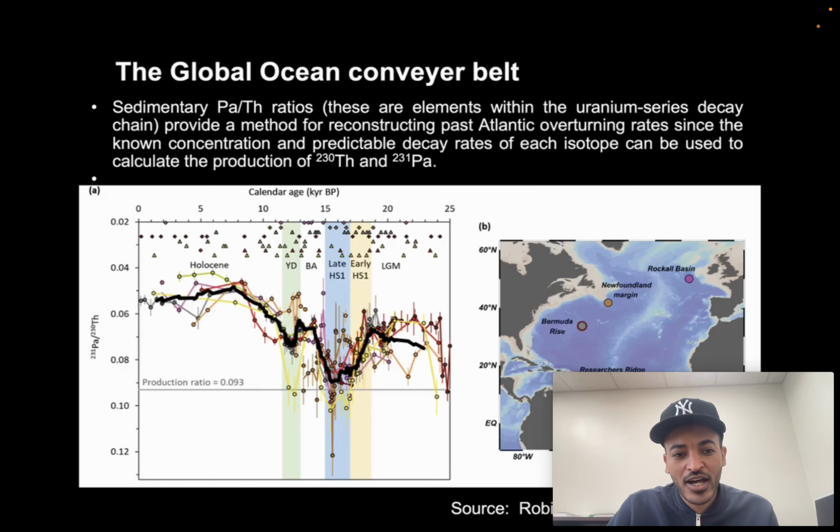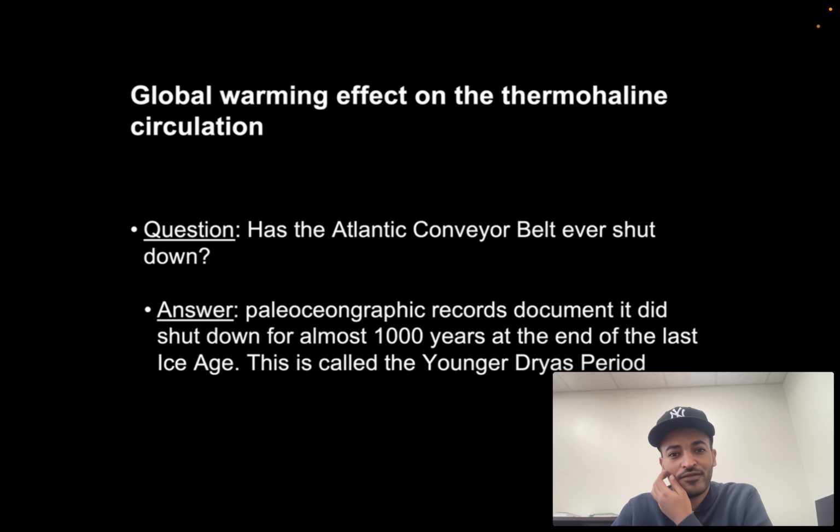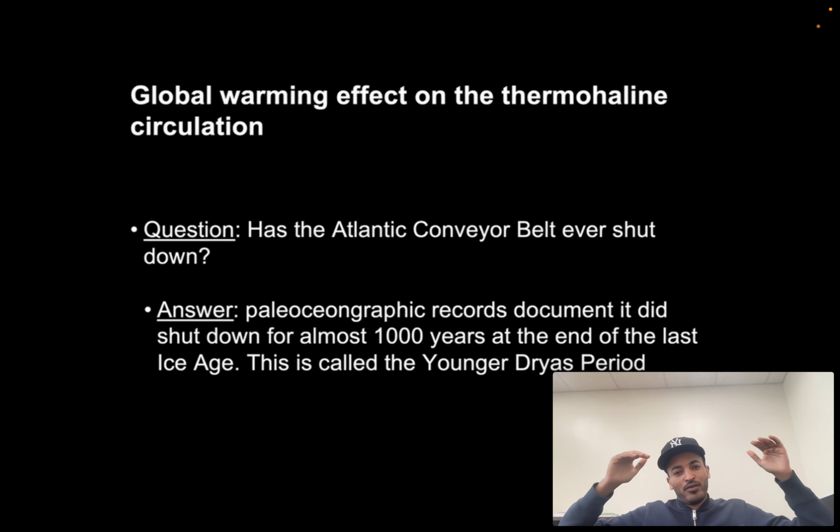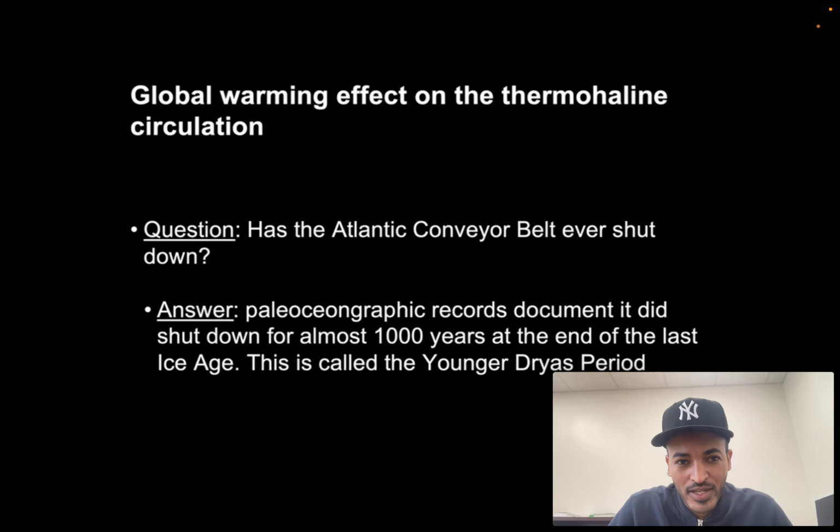If you ask me how global warming affects the thermohaline circulation, right? So when we talked about the global oceanic circulation, or even the atmospheric circulation, I've mentioned this a million times already, but we'll mention it again because it's very important.